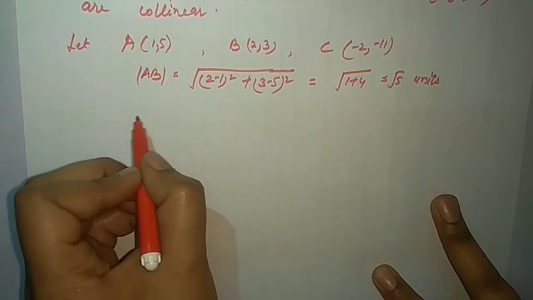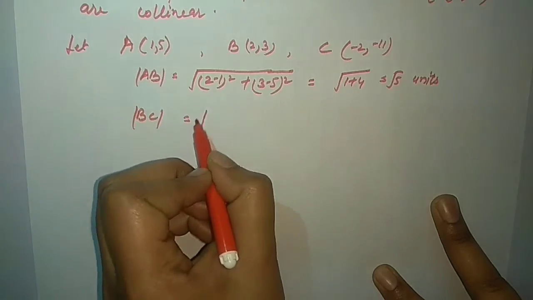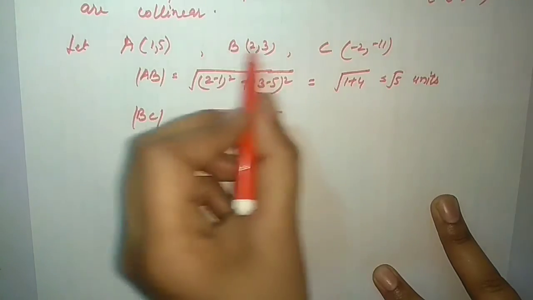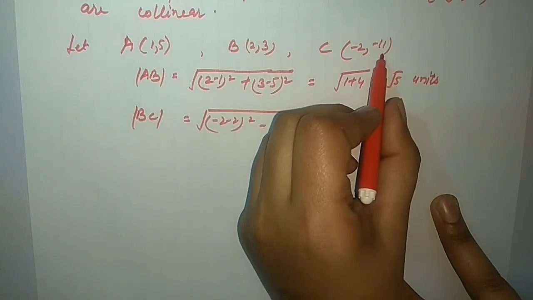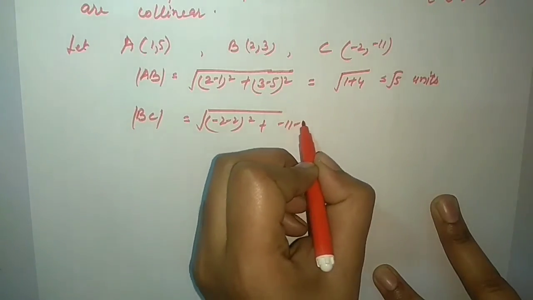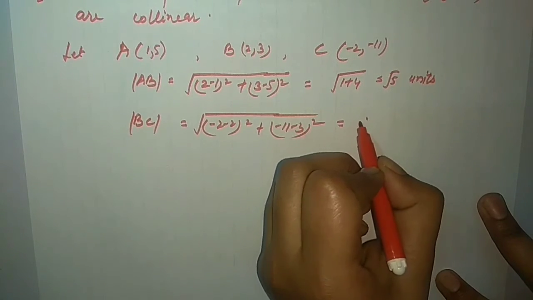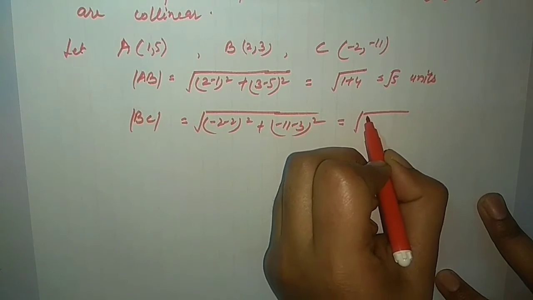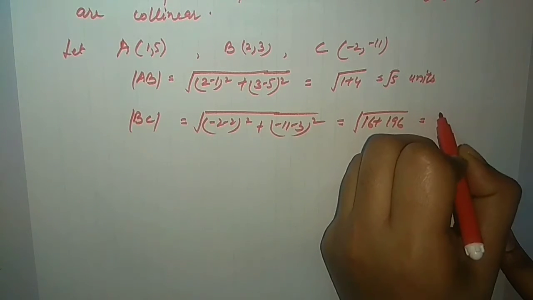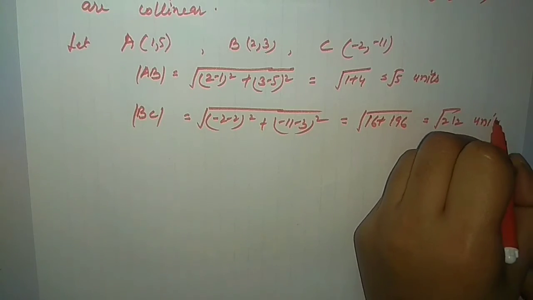Now next find the distance BC, that is root of minus 2 minus 2 whole square, plus minus 11 minus 3 whole square. We get root of 16 plus 196, that is equal to root of 212 units.